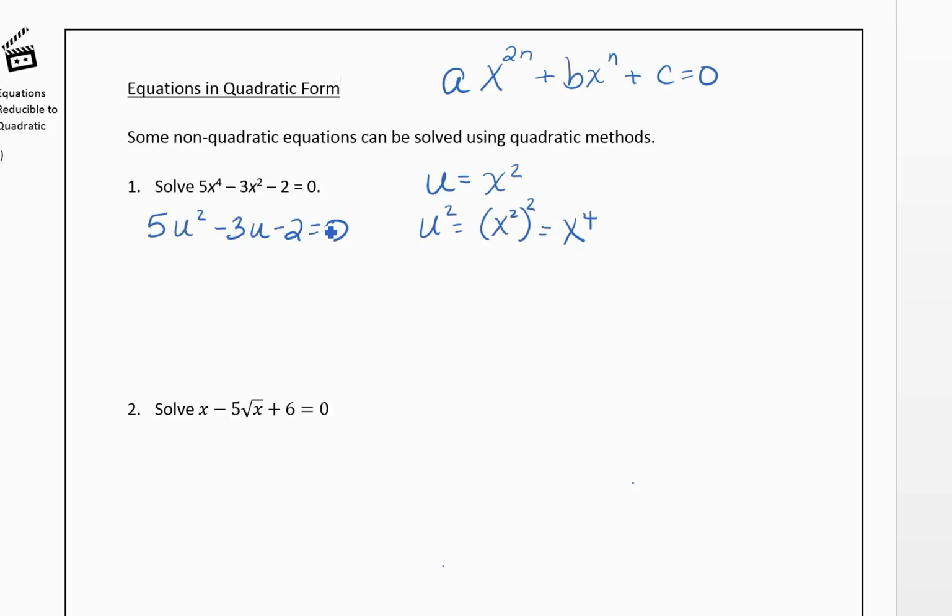And now we can use any of the methods that we learned before to solve this quadratic for u. So I'm going to go ahead and use the quadratic formula. So we're going to say u equals the opposite of b, so negative 3 would be positive 3, plus or minus the square root of b squared, which would be 9, minus 4 times 5 times negative 2, all over 2 times a, 2 times 5 would be 10.